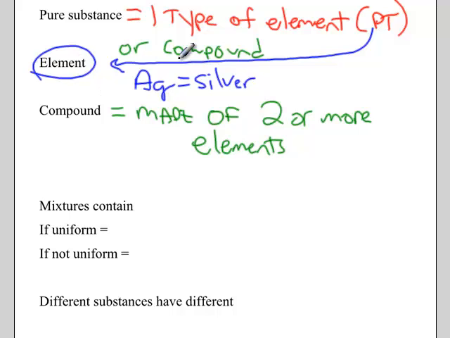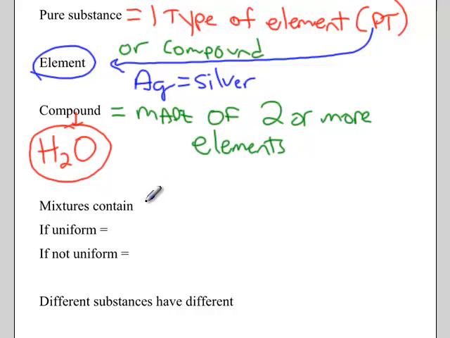If you had a compound, you're going to have two or more elements chemically connected together. So for example, H2O, water. Water is not found on the periodic table. It's a compound that's made of two hydrogen atoms chemically connected to one oxygen atom.